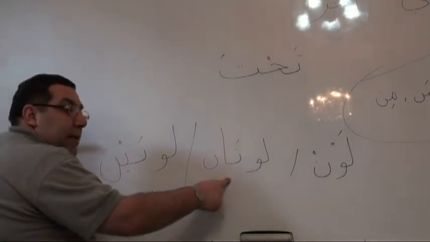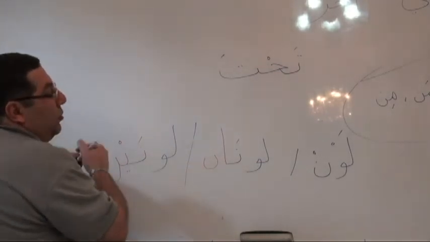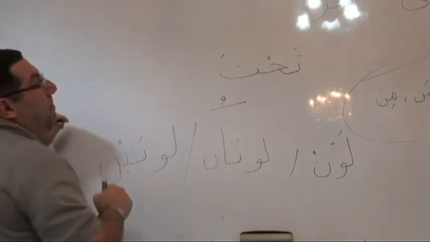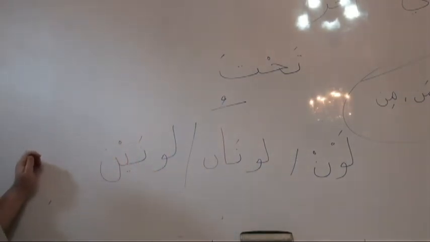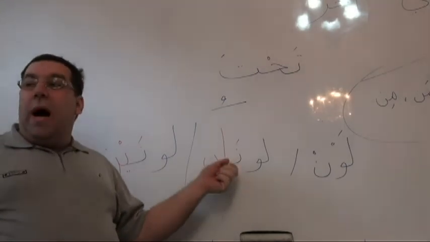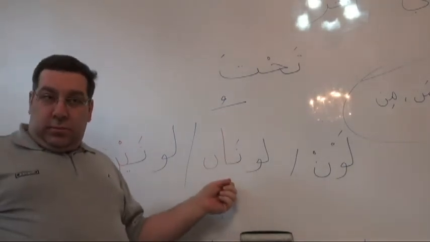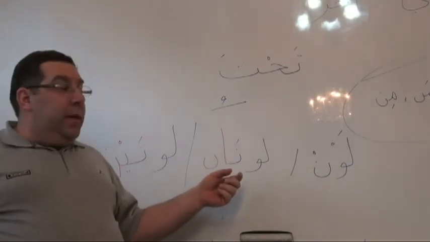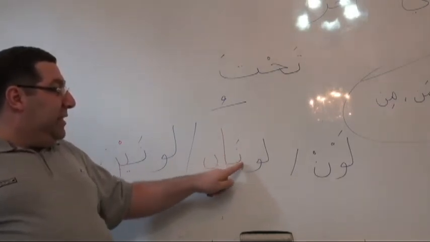But what is the difference between them? It's not very important. I will tell you, but no need to remember it now. But anyway, I told you before something similar. When this one should take Dhamma, because I cannot say launuwan. Okay? So suppose this is Dhamma.